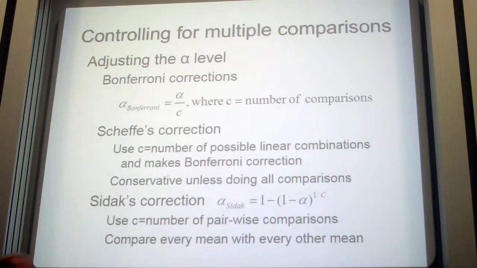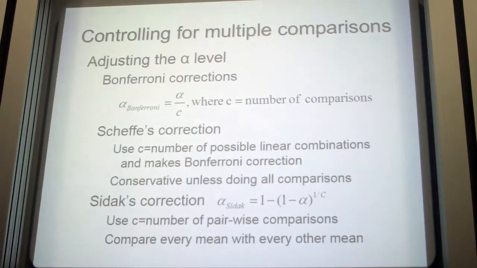So although Bonferroni is the standard one, I personally don't see the point in using it because I can click the box that says Sidak's correction just as easily, and I know exactly that it's controlling for these multiple pairwise comparisons exactly. Scheffe's correction is more extreme, more severe, because it looks at all possible linear combinations.